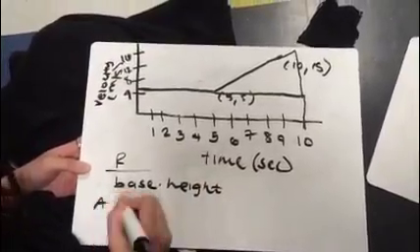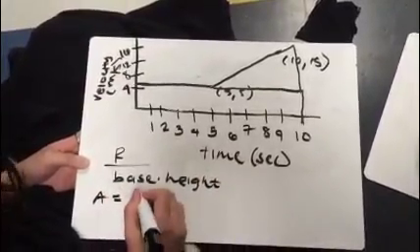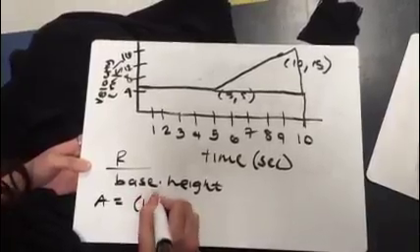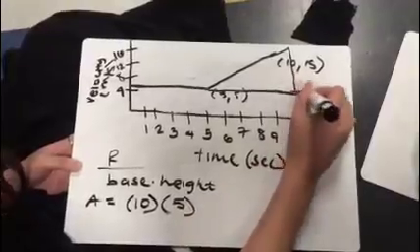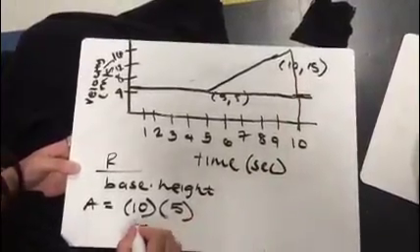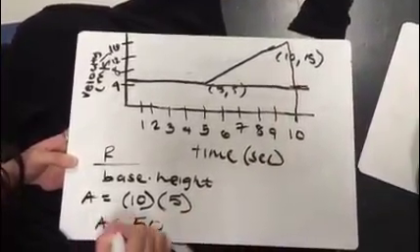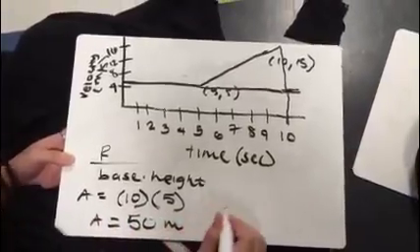So you know the base is 5 seconds and the height is 5 meters per second from here to here. So it's going to be 25 meters for the area.